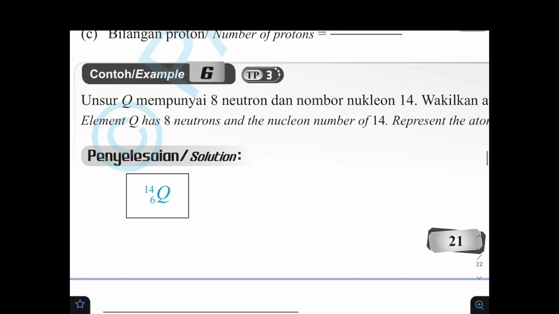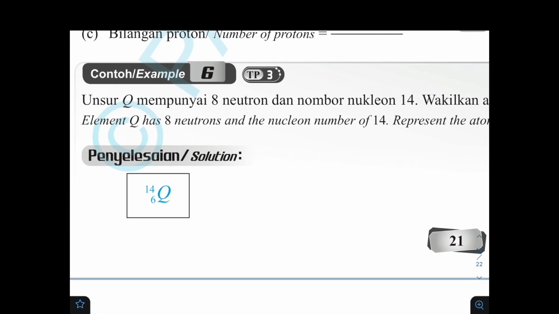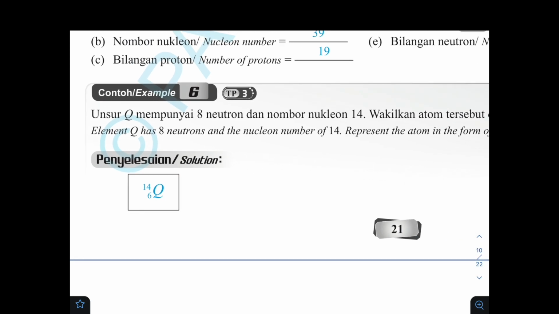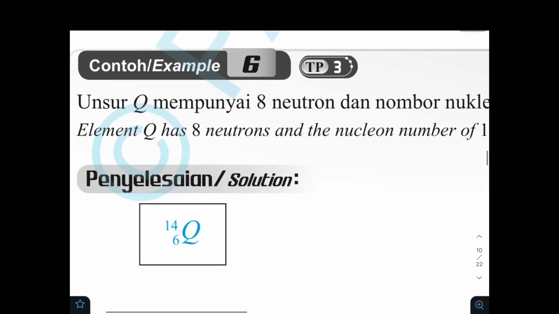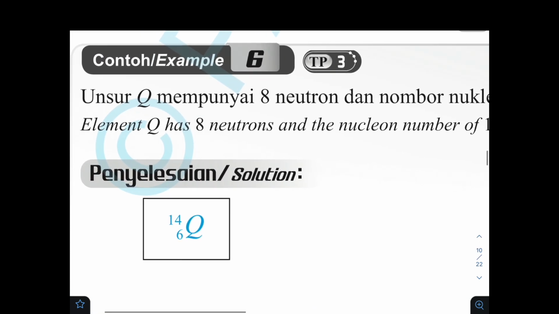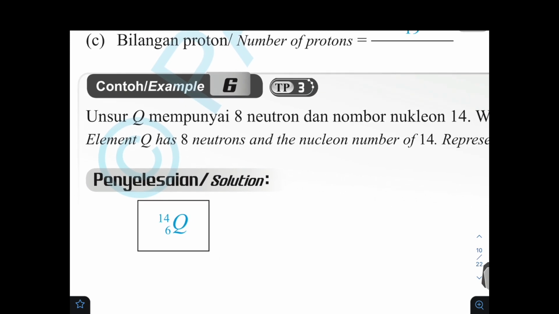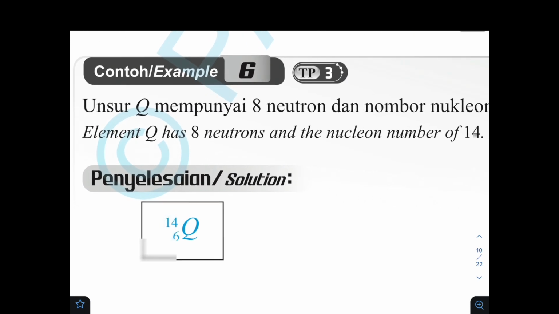So I'll give you an example. Element Q has 8 neutron and nucleon number of 14. Represent the atom in the form of A Z X. So you see A Z X. So A should be the nucleon number. So nucleon number is 14. So right here is 14. And then below it is the proton number. So you should find the proton number first.